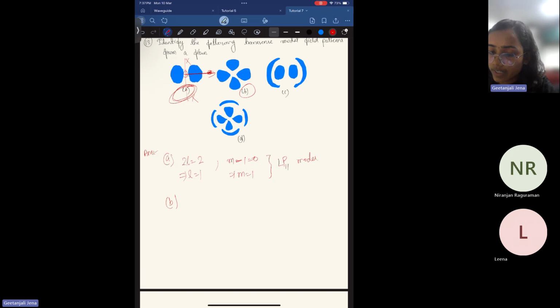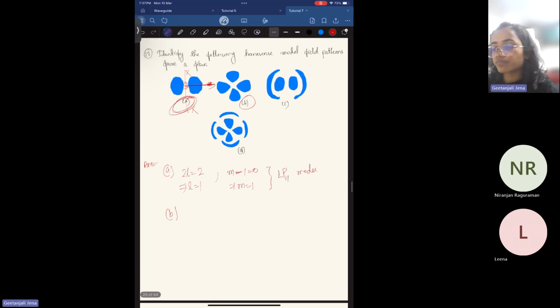L is 2 and M is 2. L is correct, both of you, because 2L is 4, right? Here in this direction, phi is 0, in this here and here.